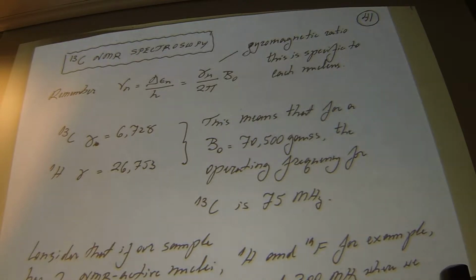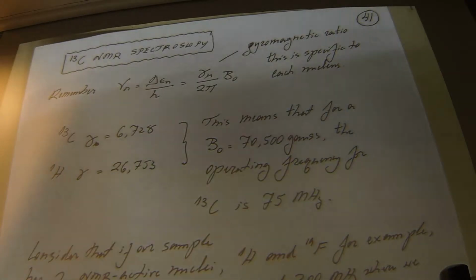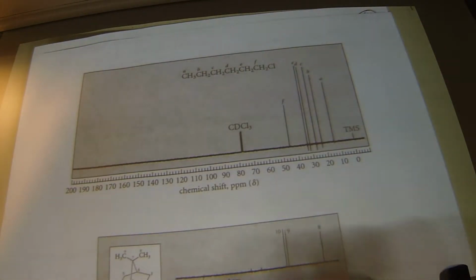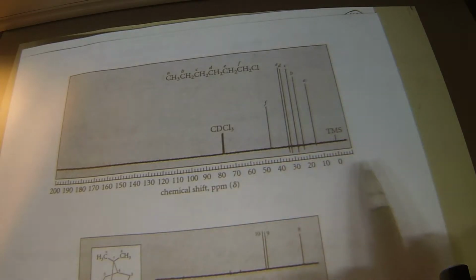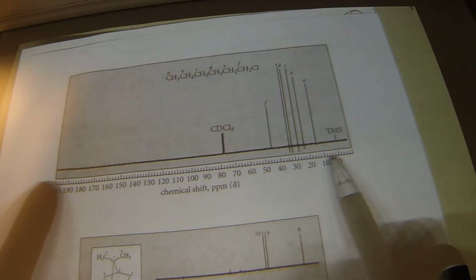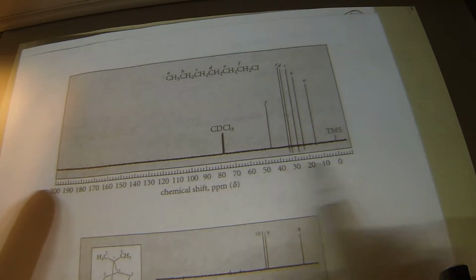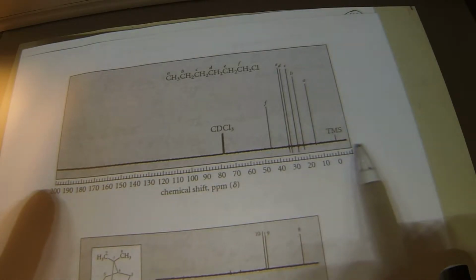Well, okay, so I didn't lie. The C13 spectra are in fact singlets, and the nice thing is, take a look at this, the C13 spectrum spans not from 0 to 12 ppm. This is from 0 to 200. So you get a huge spread in frequencies.